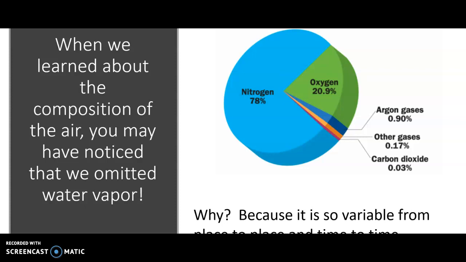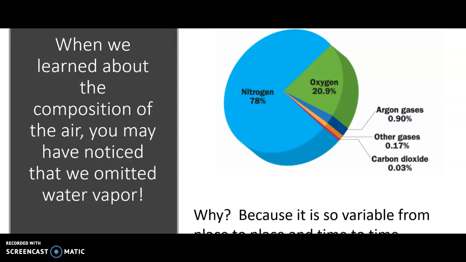Well, we neglected it because it turns out that depending upon a given day, the amount of moisture in the air changes. So this is the percentage of gases in dry air, air without any water in it. But that doesn't normally happen. So we weren't trying to lie to you or anything like that, but it changes so much from day to day.